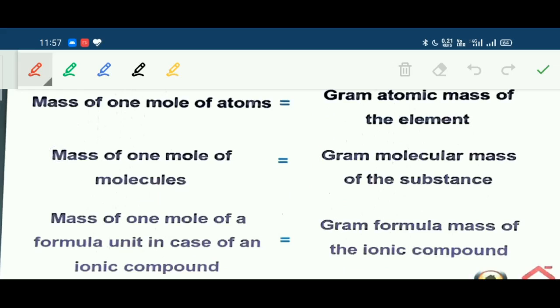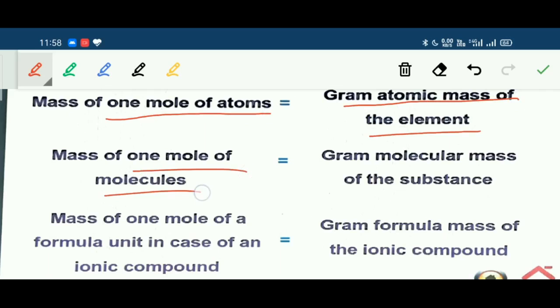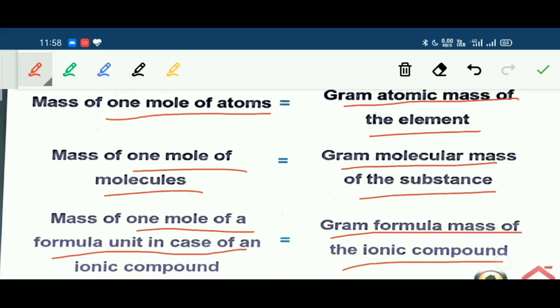Students, it has been found experimentally that mass of 1 mole of atoms is equal to gram atomic mass of the element. Similarly, mass of 1 mole of molecules is equal to gram molecular mass of the substance, and mass of 1 mole of formula units in case of an ionic compound is equal to gram formula mass of the ionic compound.